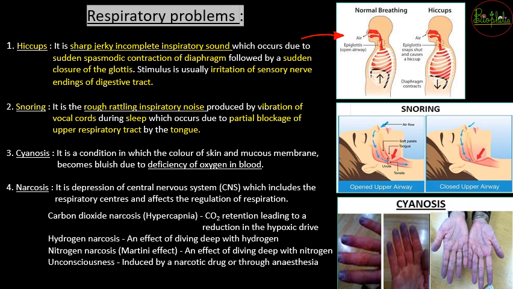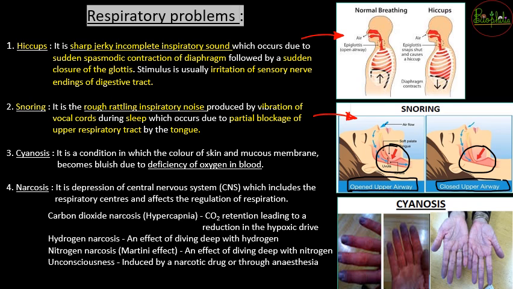Now, in the adjacent diagram, you can see that this area that has been highlighted, in this normal upper airway tract, it is going to be open, right? But the upper respiratory tract, because of the snoring conditions, your passage is going to be blocked, and because of this partial blockage, there are going to be irritable noises produced.